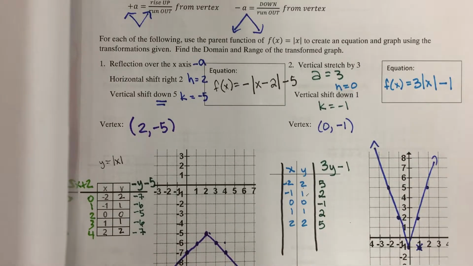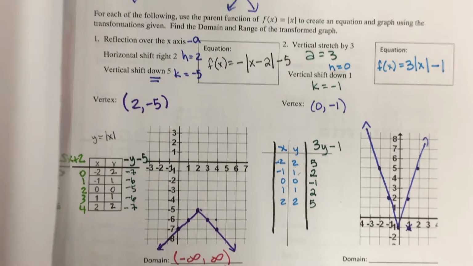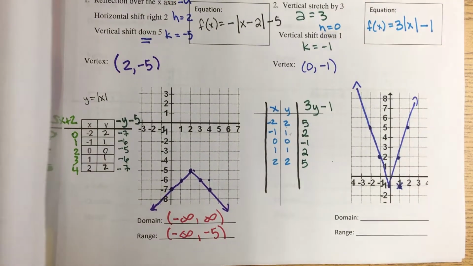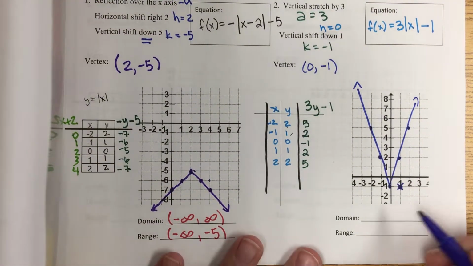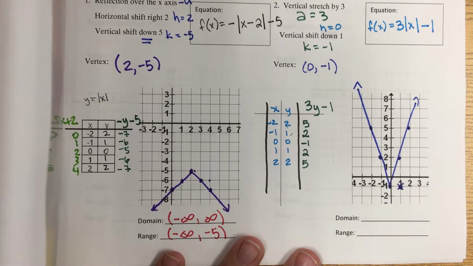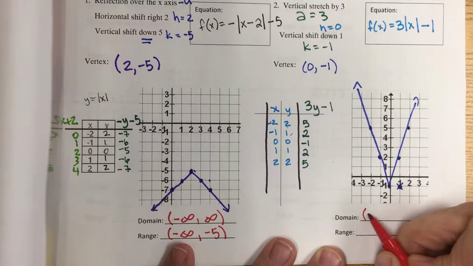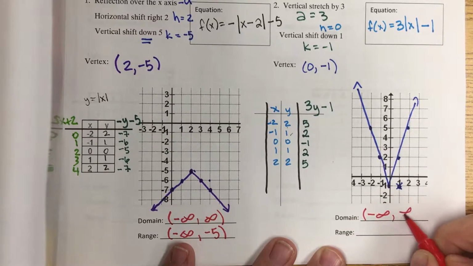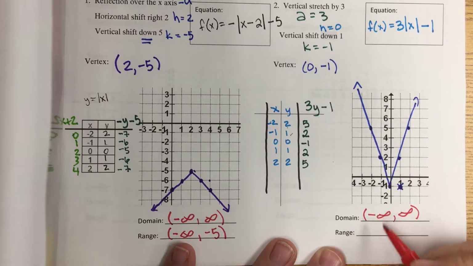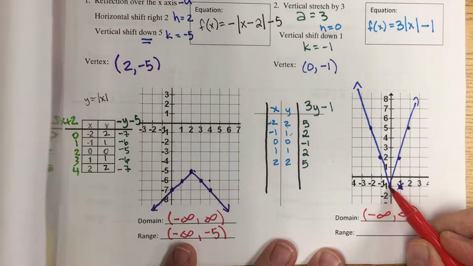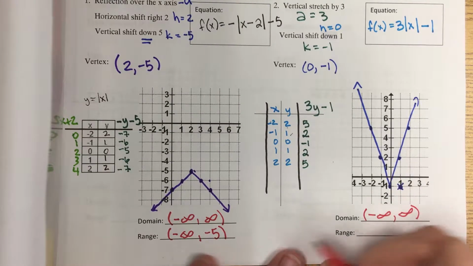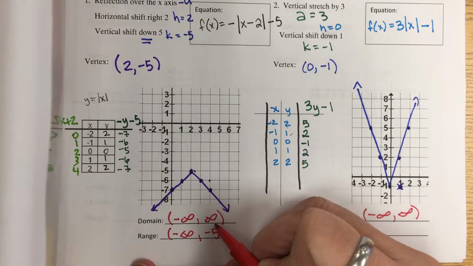Again, domain and range. Domain and range is talking about our x and y values. So what x value can I have? I can plug in any x value I want, so that goes from negative infinity to positive infinity. The lowest y value I have, ooh, I messed up over here and nobody else caught me.